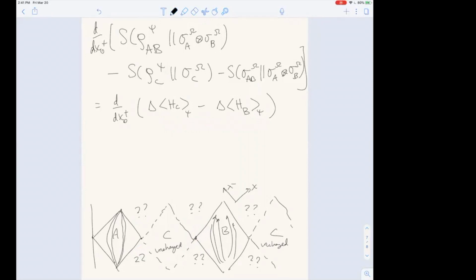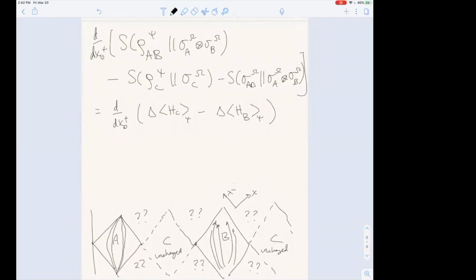So this is true for any state, and what I'm going to do is set psi equal to our omega s state, and study it in that state. And I should say, in 2D CFTs, this right-hand side is just an integral over this null line. Let's call this C minus, and then we'll call this B plus.